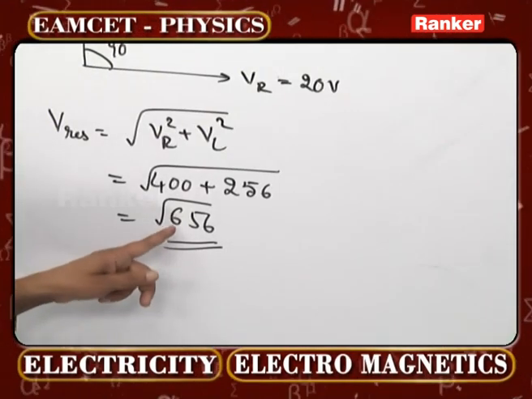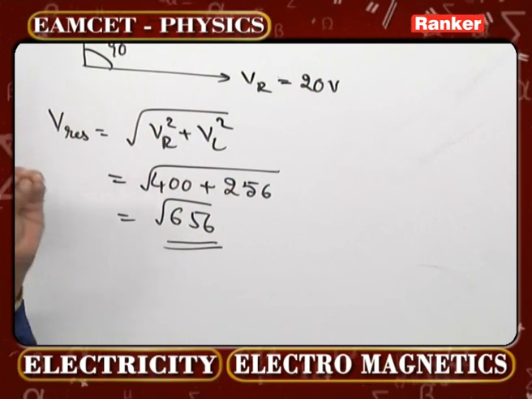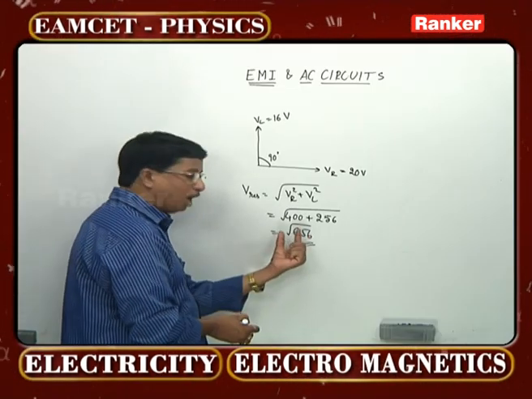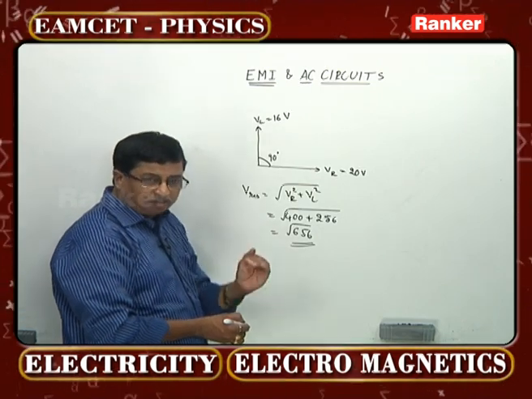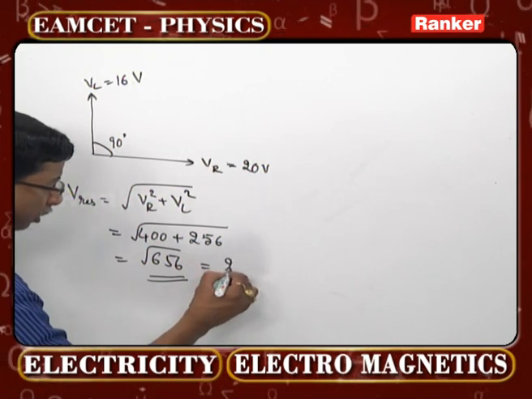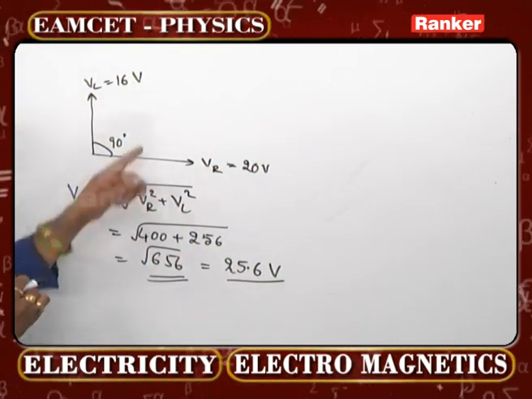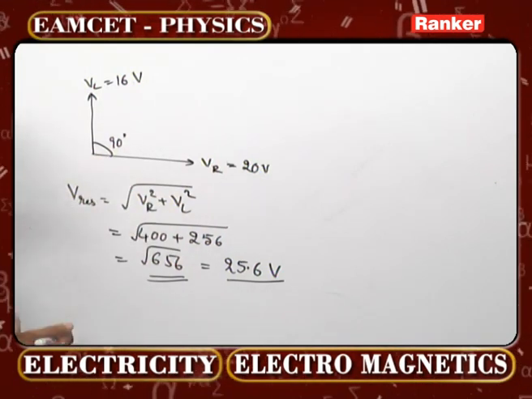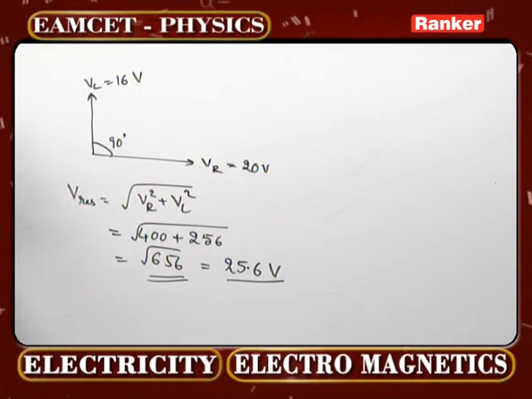Common sense says, had it been 625, we would have got exactly 25 as the answer. It is above 625, so our answer should be more than 25, that too a little more. So what is the correct option here? 25.6 volt will be the correct resultant voltage across that particular series LR circuit.